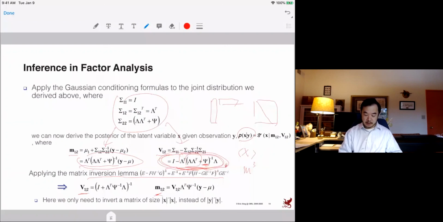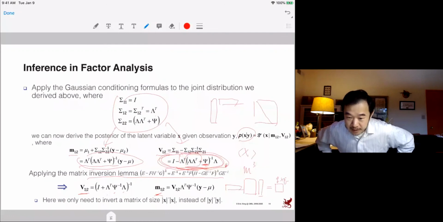In the conditional covariance, suddenly you have lambda transpose times the inverse of pi times lambda, which is now like this. Okay, so this leads to this little matrix, which is q by q.